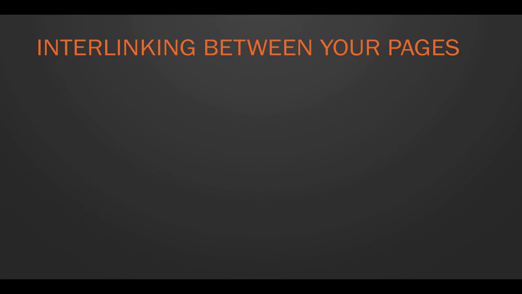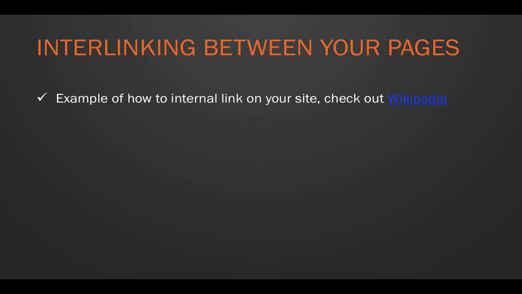So the first of these tips is to interlink between your pages. Essentially, this means that when you publish a new post or a new page, you should link back to the other pages on your website. To give an example of this, let's have a quick look at Wikipedia to see how they interlink between their pages.